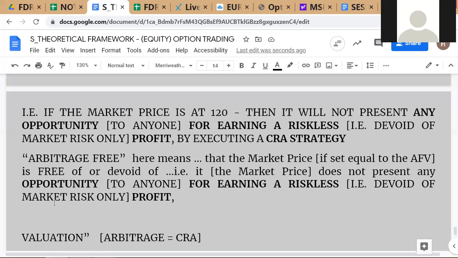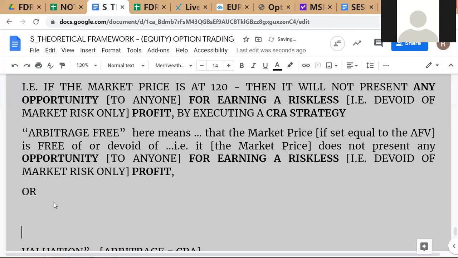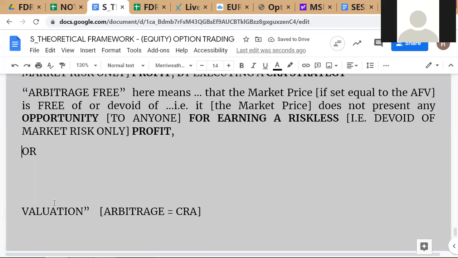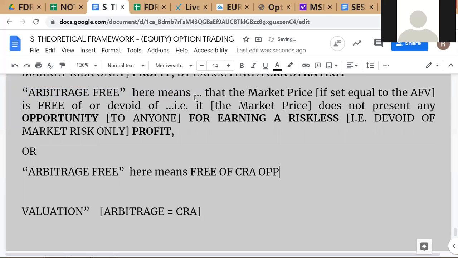Another way, we can write this another way. So I'm writing a lot on the same topic, just to explain this, so maybe I'm oversimplifying it. But it's important to make sure that everybody understands it. Arbitrage free means basically free of CRA opportunities.